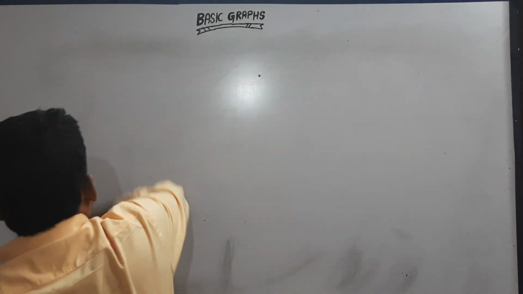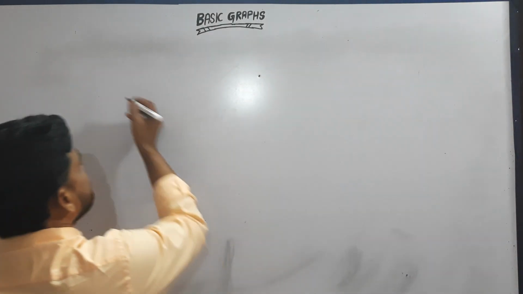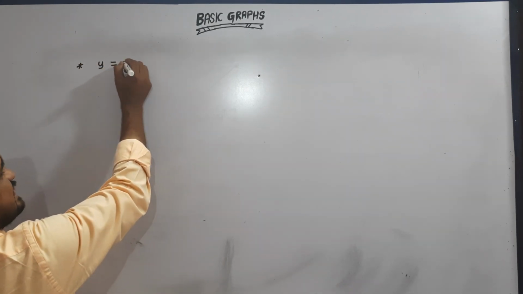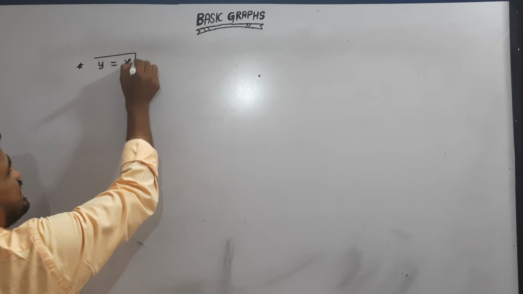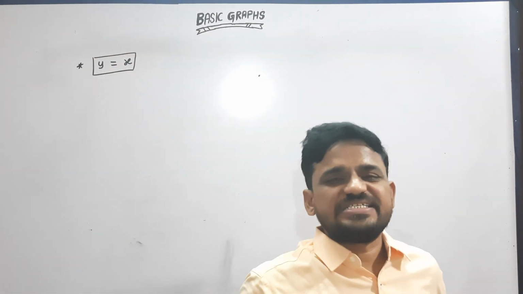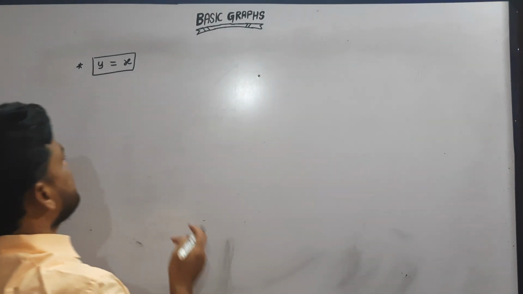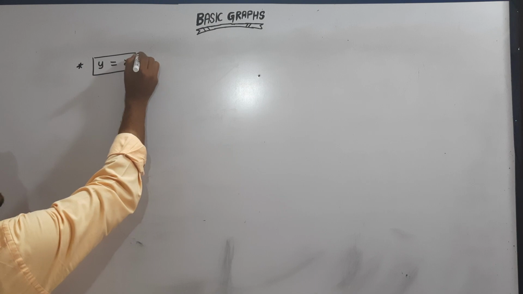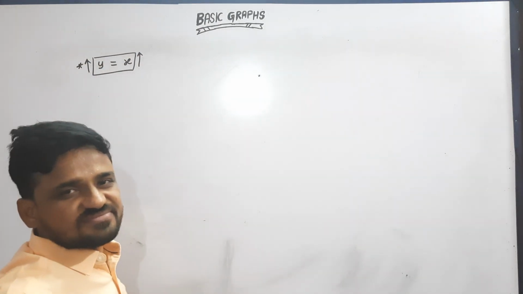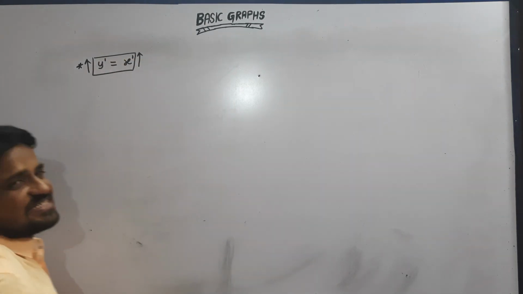Now we discuss different types of graphs. Suppose the relation between two quantities is y equal x. If x increases, y also increases. Here in this relation, the higher power is 1.